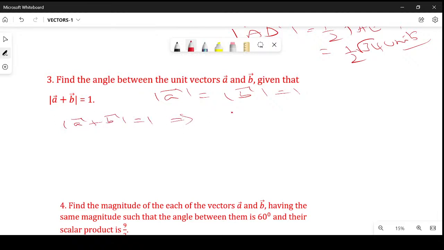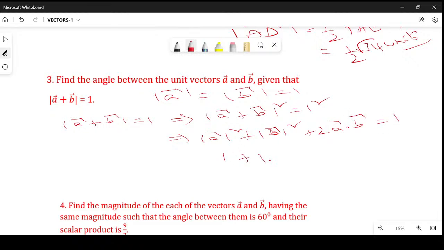Now squaring on both sides, mod A bar plus B bar whole square is equal to 1 square. Now I can expand: mod A bar square plus mod B bar square plus 2 into A bar dot B bar is equal to 1. But we know that this is 1 square, 1 square.